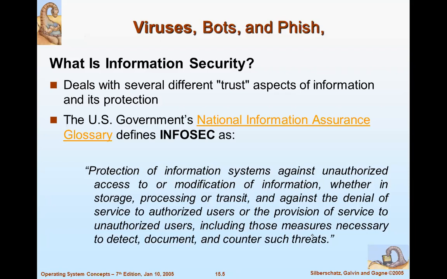Look at this: the US government National Information Assurance Glossary defines InfoSec as protection of information systems against unauthorized access to or modification of information, whether in storage, processing, or transit, and against the denial of service to authorized users or the provision of service to unauthorized users, including those measures necessary to detect, document, and counter such threats.